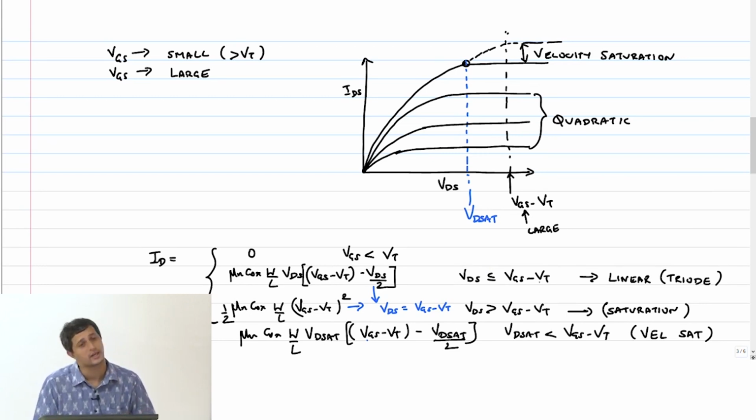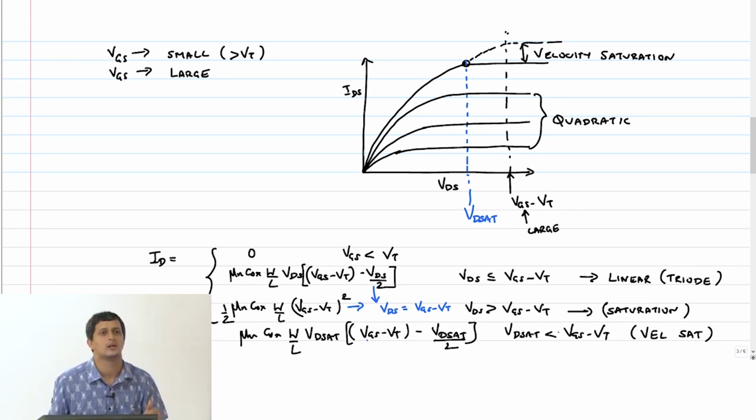Here VDS is less than VGS minus VT first, so then it becomes a linear region. Here VDS has exceeded VGS minus VT, therefore VGS minus VT comes in. Now the second one is VD sat appears even before VGS minus VT, therefore it saturates even earlier.